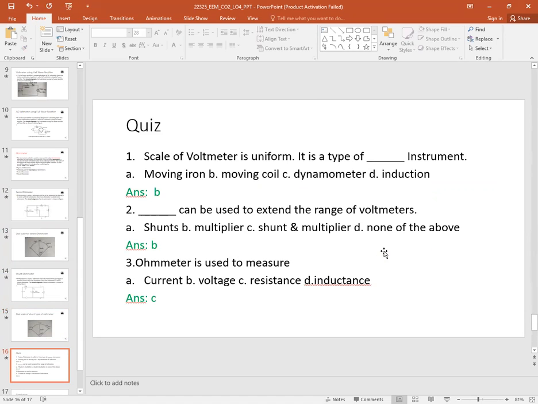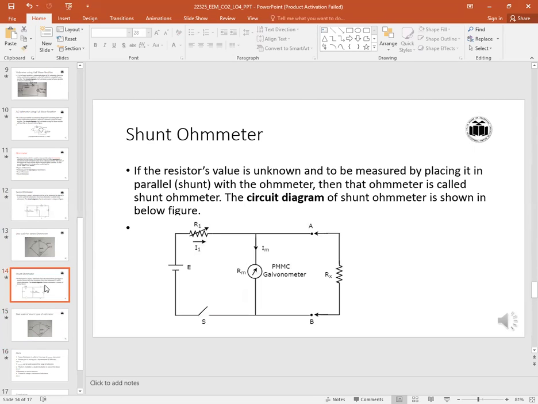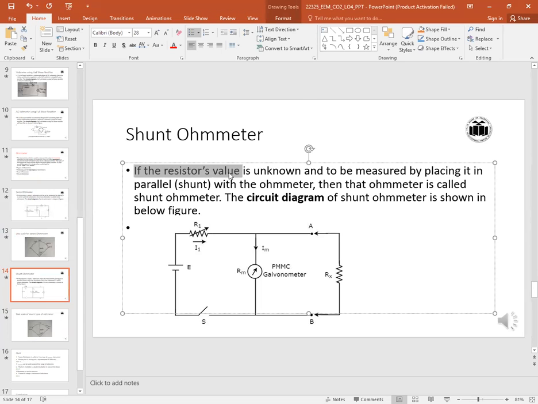Next one is the shunt ohm meter. This shunt ohm meter is exactly the opposite of the series ohm meter. If a resistance value is unknown and it is to be measured, we have to place that unknown resistor in the parallel position, or in the shunt.